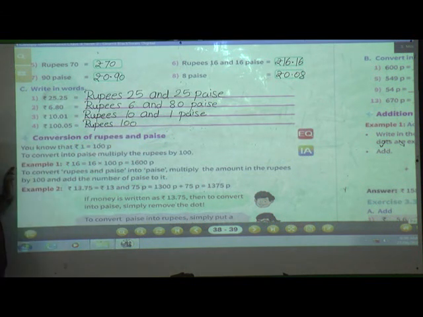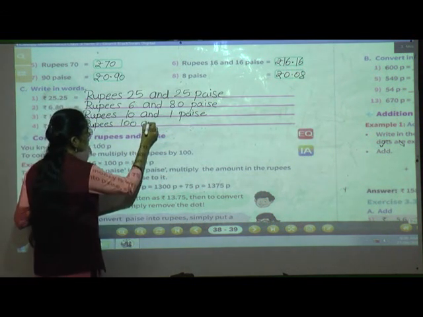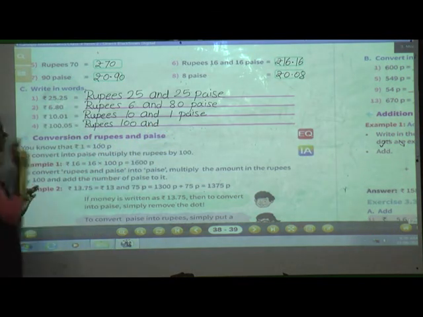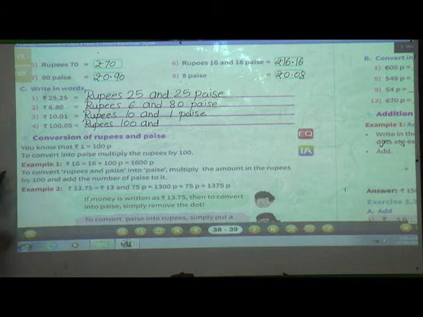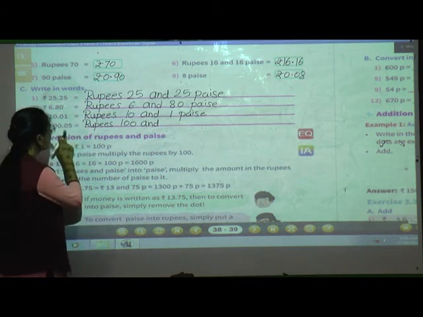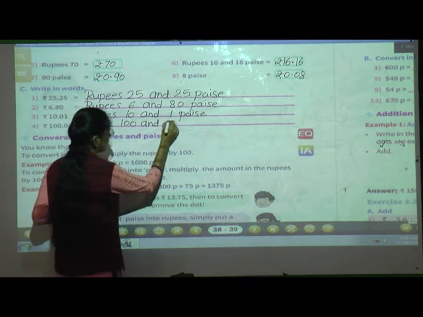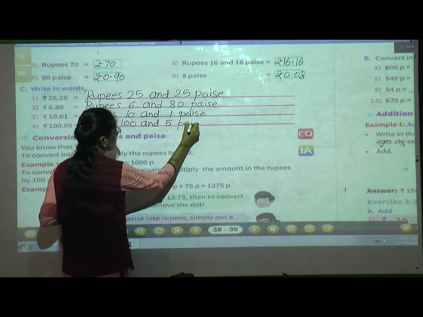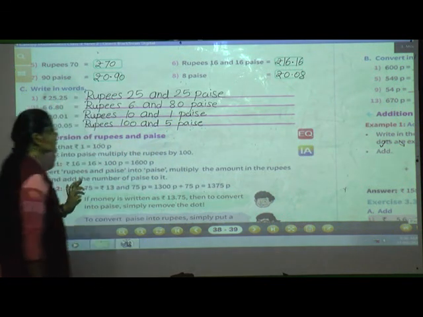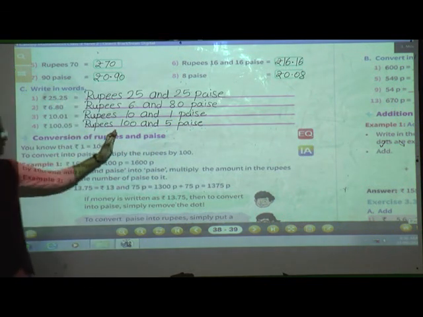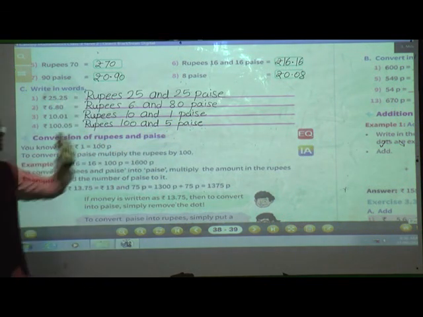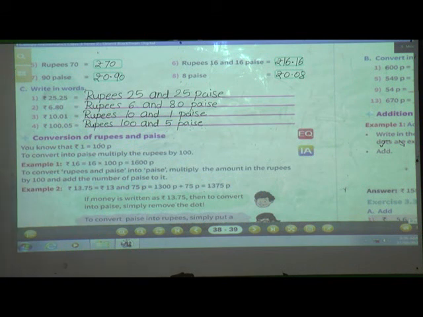Then the point is there, so we'll write and, because whatever number is there to the right side of the point, that number tells us the paise. How many paise are there? 5. So we'll write in this way, rupees 100 and 5 paise. Okay, clear how to write in words and how to write in figures.